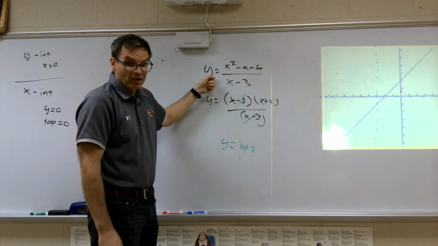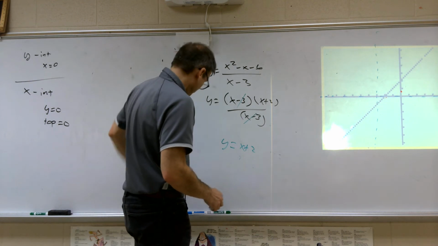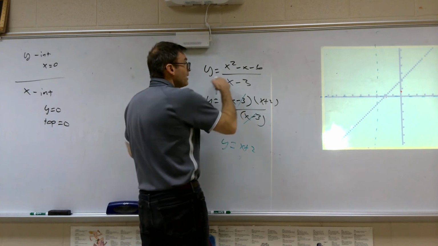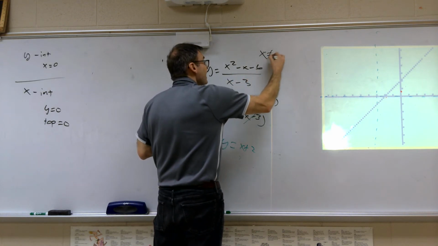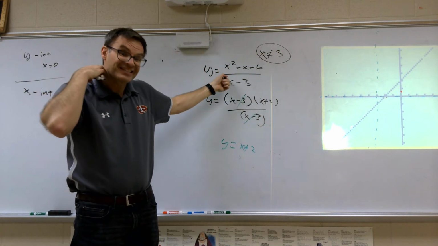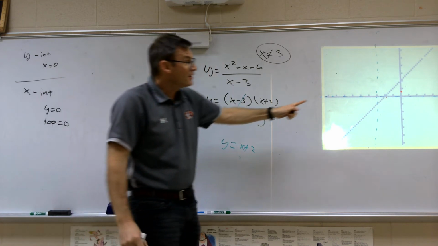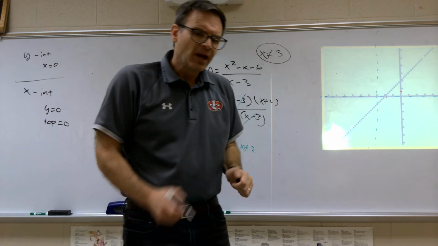In this black function, we have an undefined value. I don't care that it canceled out, but when I looked at this, x cannot equal 3. This original function says that x cannot equal 3. And believe it or not, this picture shows us that x cannot equal 3.